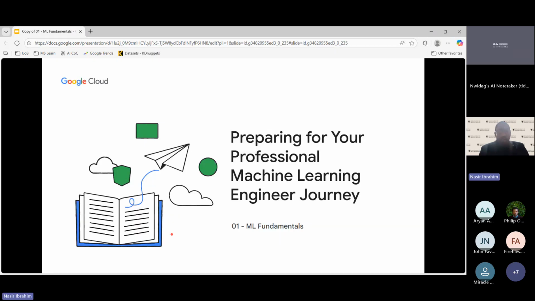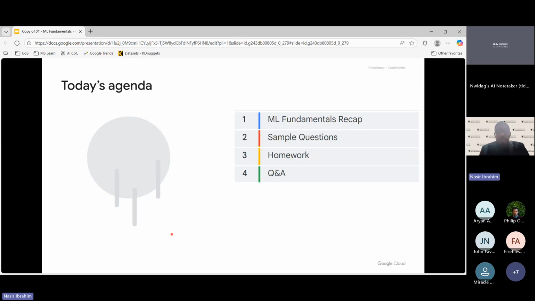So what are we going to cover today? We're going to recap machine learning fundamentals, and specifically we're going to focus on one of the most critical methods in machine learning, which is neural networks. We have a lot of systems that are based on that, and we'll touch on that in a moment.